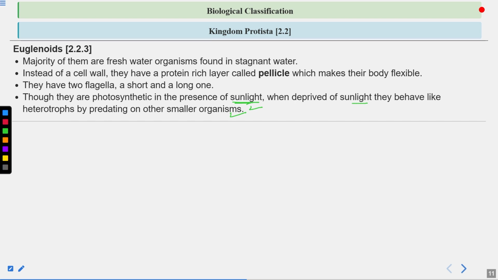So you can see here, photosynthesis is the property of the plants. And animals are usually heterotrophs. So they have the features of both plants and animals. So they are forming a link between plants and animals, you can say. So this is a very interesting feature of the euglenoids.